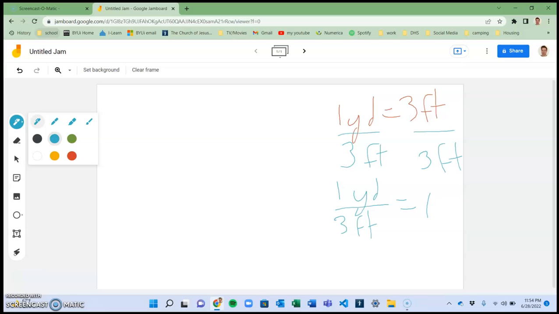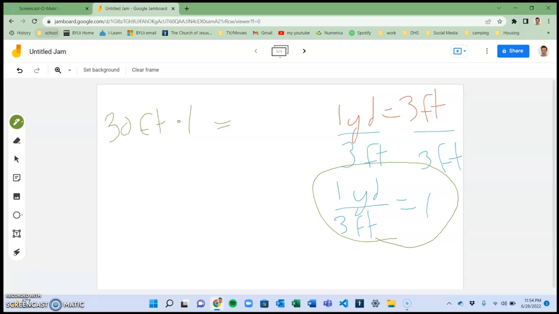So say let's go back again to 30 feet. In order to be equal to each other, we need to make sure there's an equal sign. But that means 30 feet has to equal 30 feet. So how about we write 30 feet times 1? That's the same thing as 30 feet, so that's fine. But if you notice, we actually have 1 written in a weird way. So let's just replace that right there.